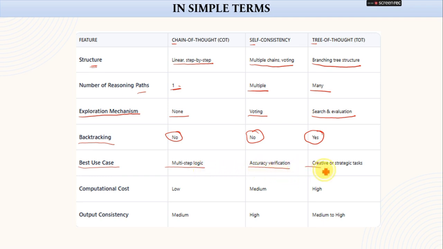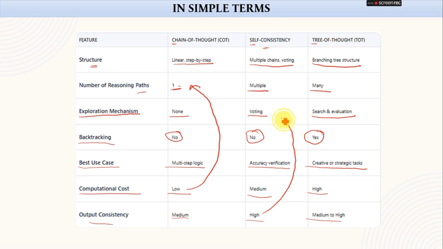Self-consistency is very useful for accuracy verification. Tree of thought is really useful for creative and strategic tasks. When it comes to computational cost, chain of thought is low, self-consistency takes a medium computational cost, and tree of thought takes a high computational cost. For output consistency, chain of thought is medium, self-consistency is high, and tree of thought is again medium to high.